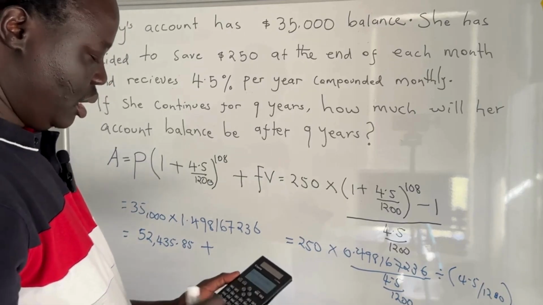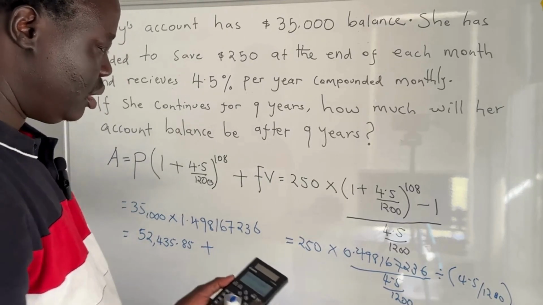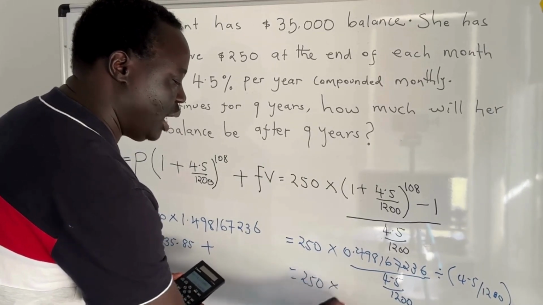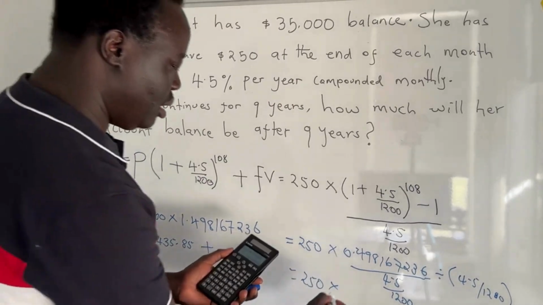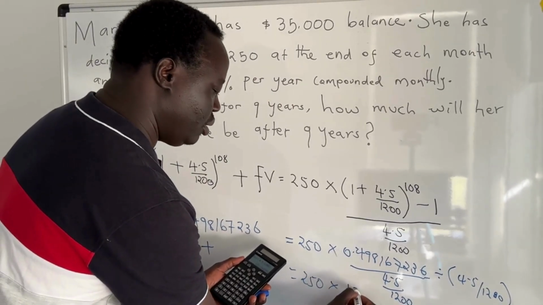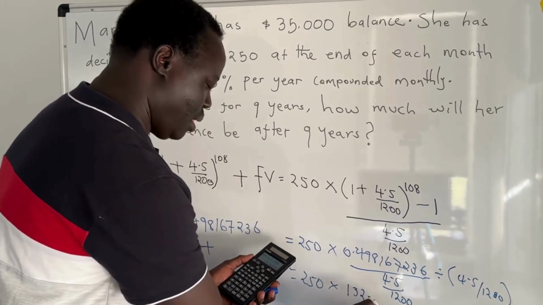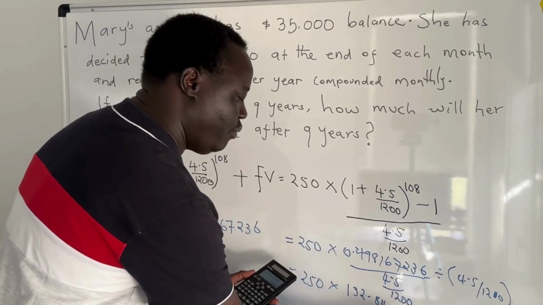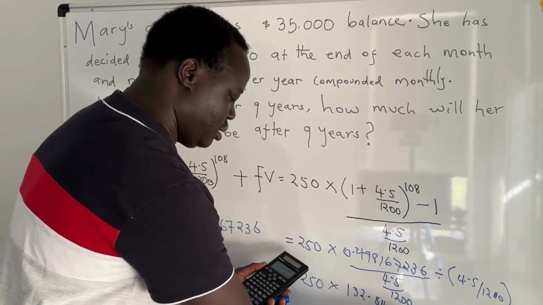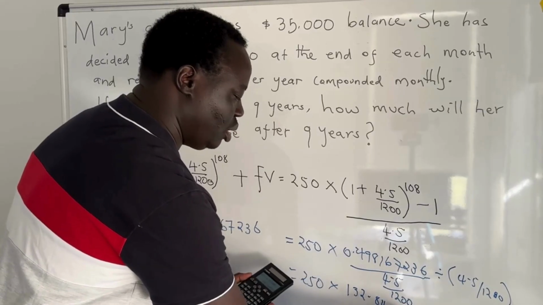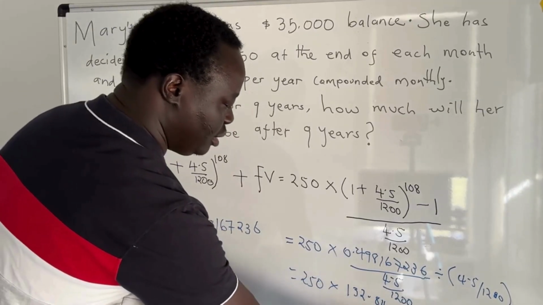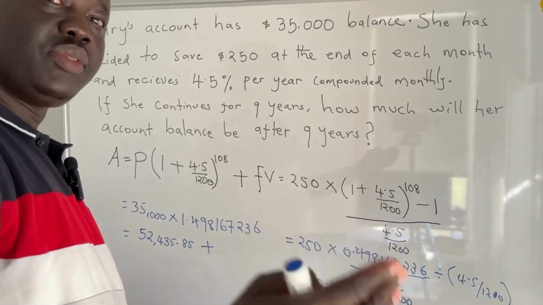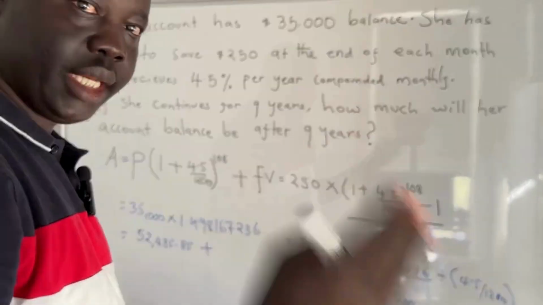So you get 132.8445962. This part is what we call future value interest factor of an ordinary annuity.